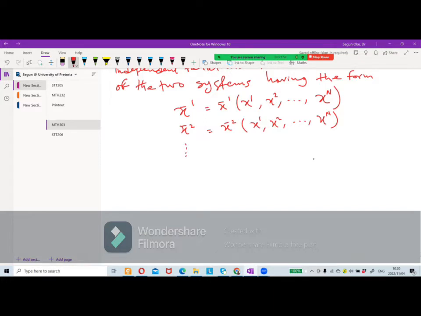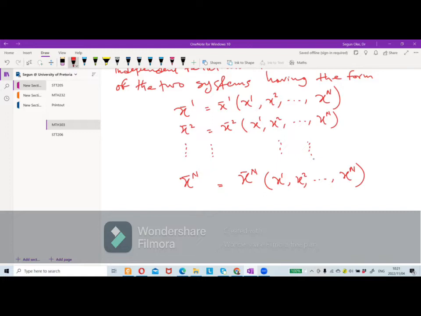So if you continue that way in the general form, what are we going to have? We have x bar capital N equals x bar capital N into x1, x2 to xn.